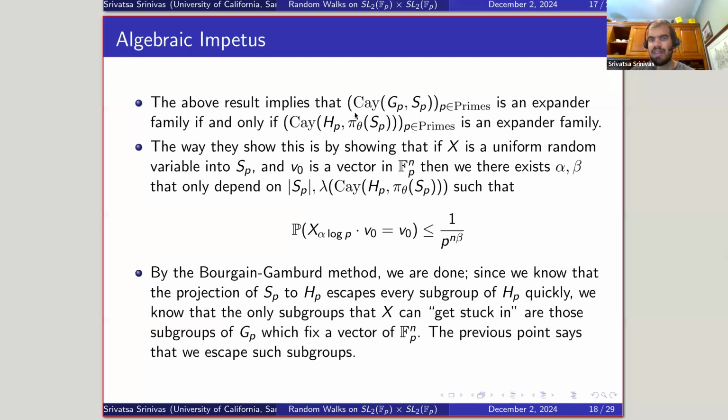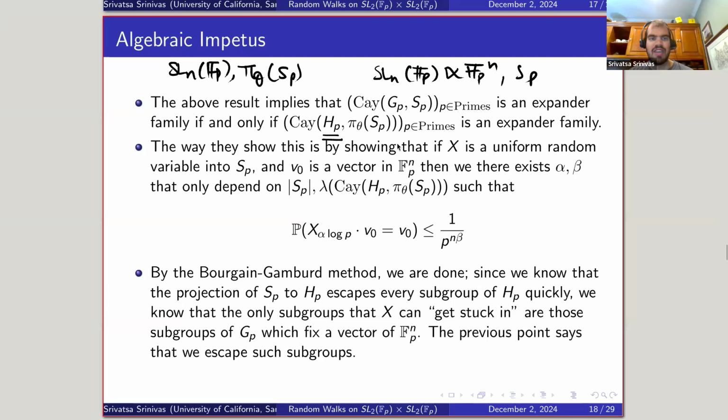The above result implies that if you have a family of groups with generating sets, and these groups are the affine group, like SL_n(F_p) semi-direct product F_p^n, then this is an expander family if and only if the projection of your generating set onto the matrix component is an expander family.